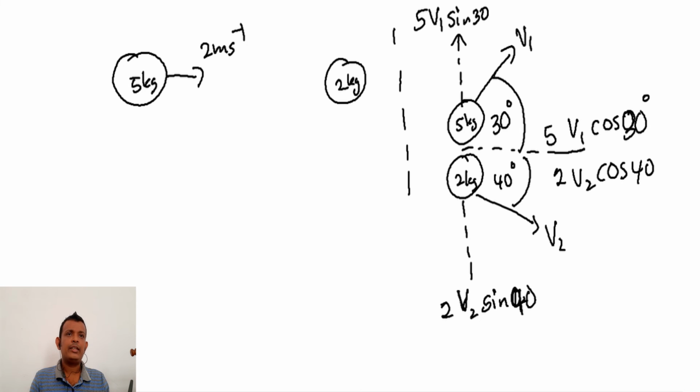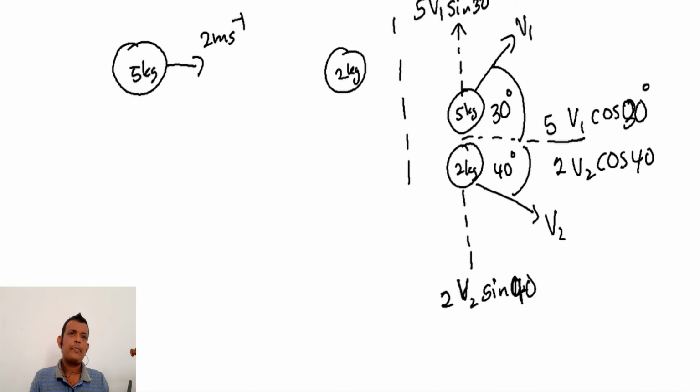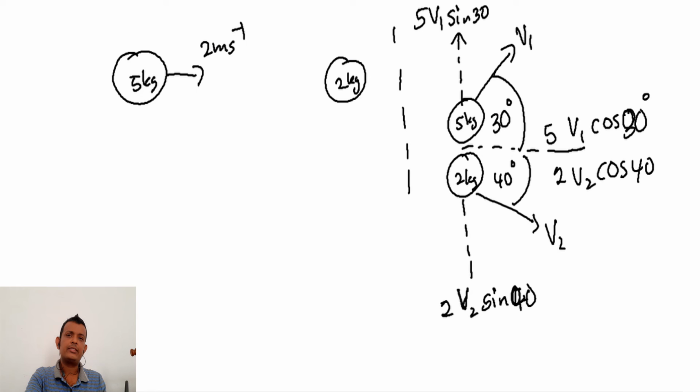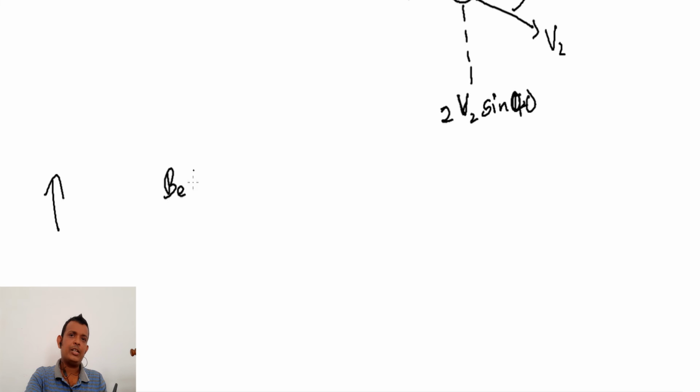Then I apply the law of conservation of momentum vertically and horizontally. Taking the vertical first: initially there is no vertical momentum, but there is after the collision. So the momentum before the collision equals the momentum after.